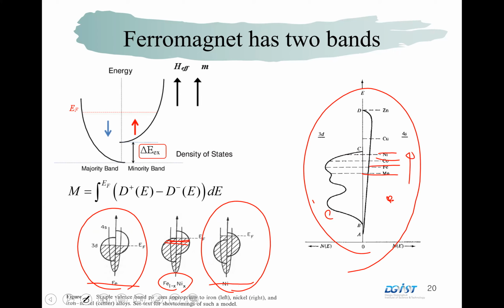The Fermi level increases because we have more and more electrons. So we have a chance of magnetism with a very large density of states. But if we add more electrons, then the band is already fully occupied, and no more electrons play the role.